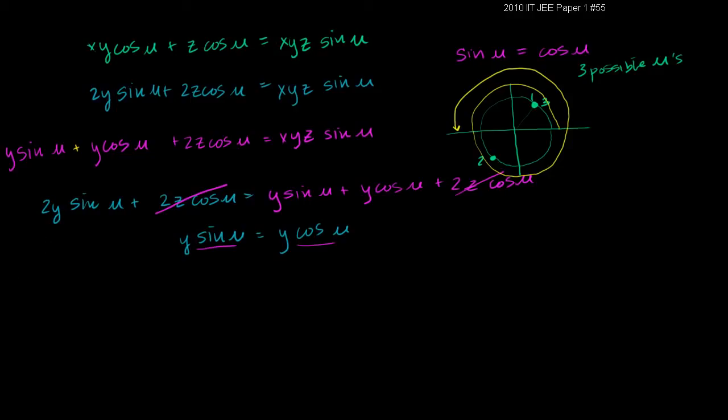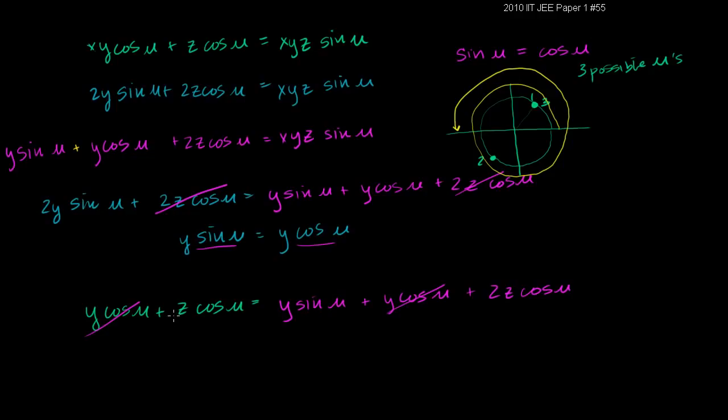So we could write y cosine of u plus z cosine of u is equal to this whole thing over here, is equal to y sine of u plus y cosine of u plus 2z cosine of u. And then we have a y cosine of u on both sides. Those would cancel out.